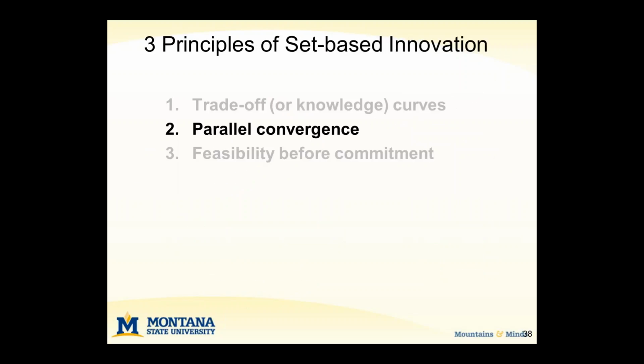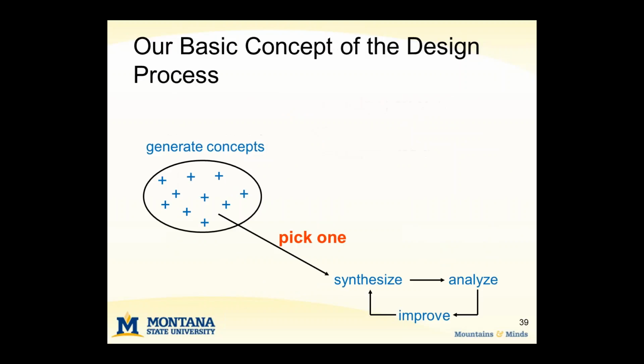The second principle of set-based innovation is what I've called here parallel convergence. To explain this concept, I'm going to go back to sort of the conventional way of thinking about the design process, and that's one of basically an iterative mindset as opposed to a convergent mindset.